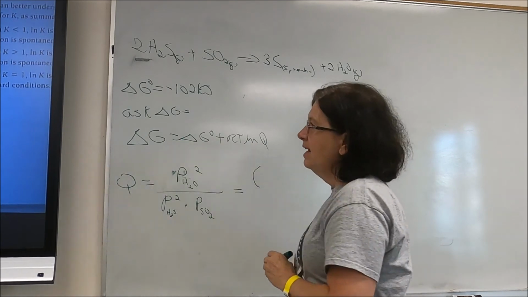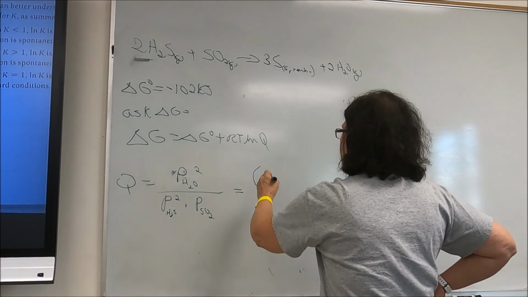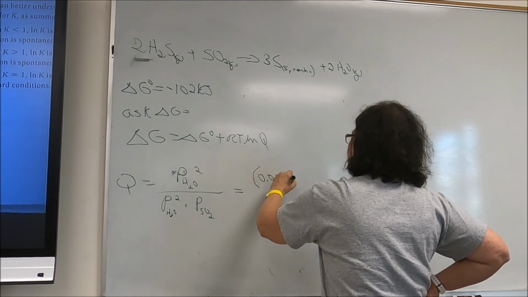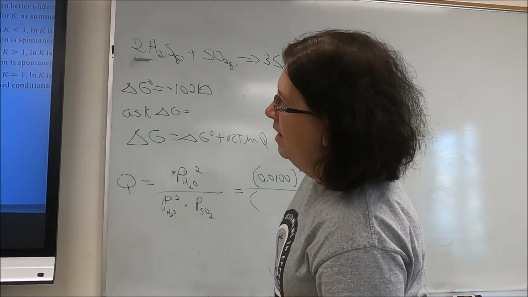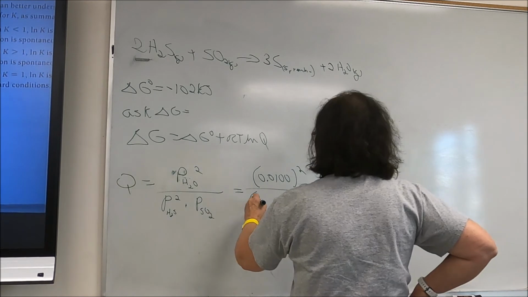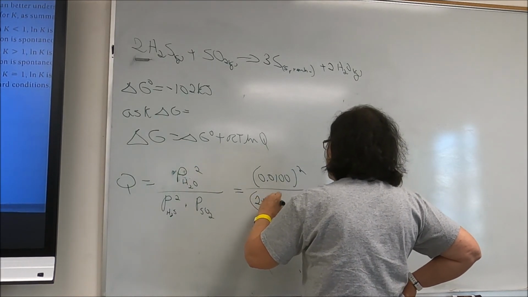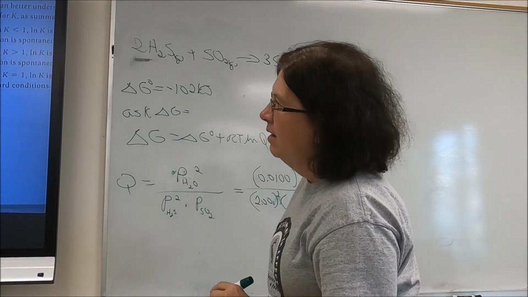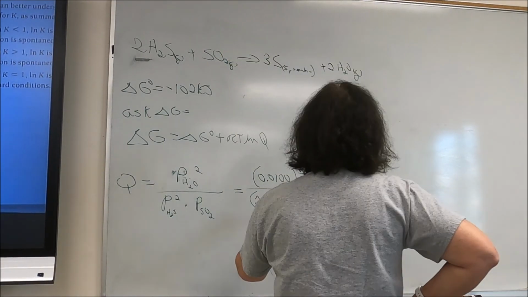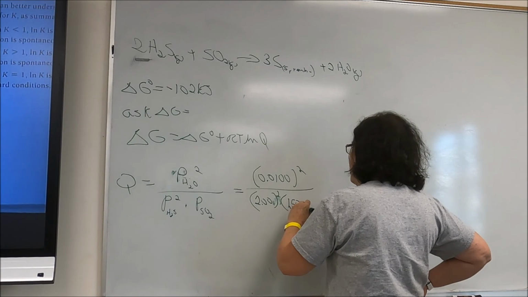If I plug these in, the partial pressure of water was 0.0100 squared. For H2S, it was given as 2 atmospheres, so 2 squared. And the sulfur dioxide was 1.50.